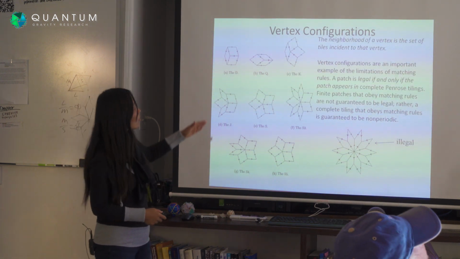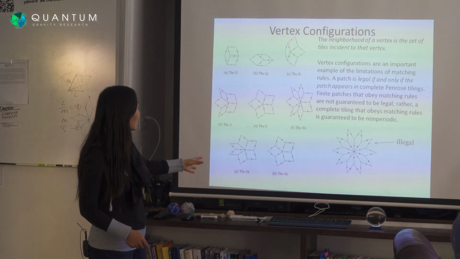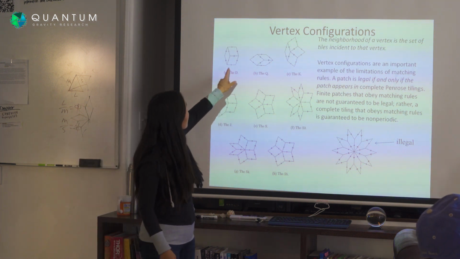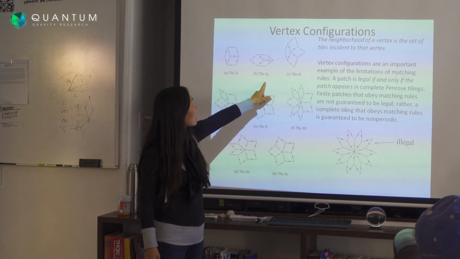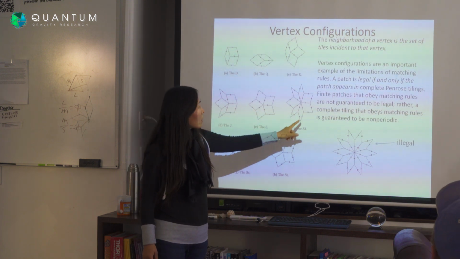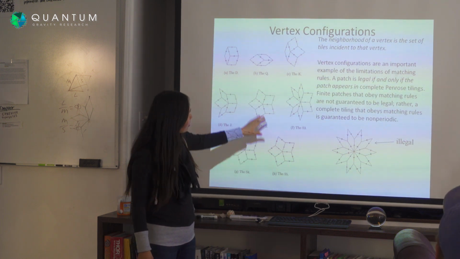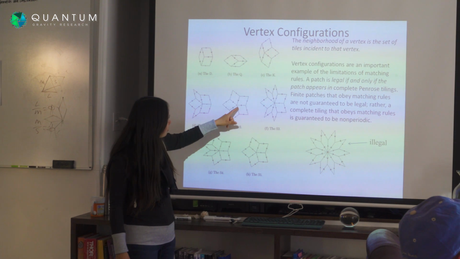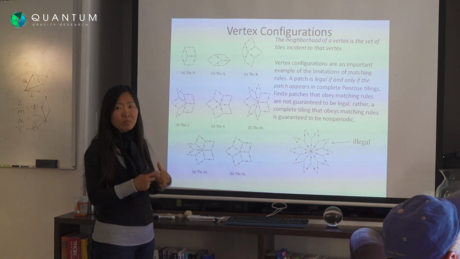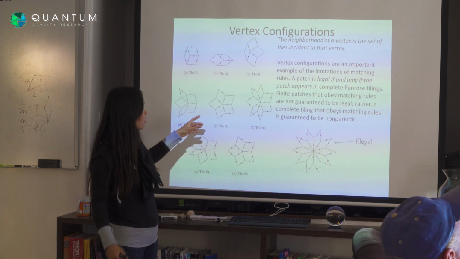All right, so let's talk about the vertex configurations in Penrose Tiling. There are 8 types, right? They are called the D type, Q type, K type, J, S, S3, S4, S5. These two are different because Penrose built this Penrose Tiling using matching rules.